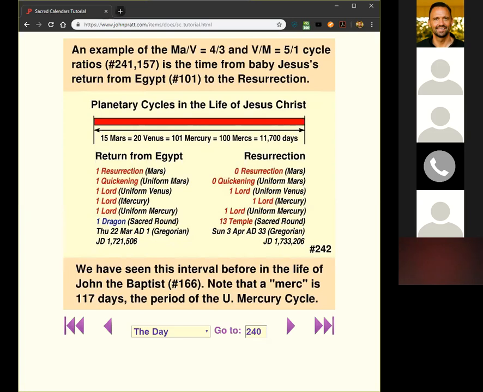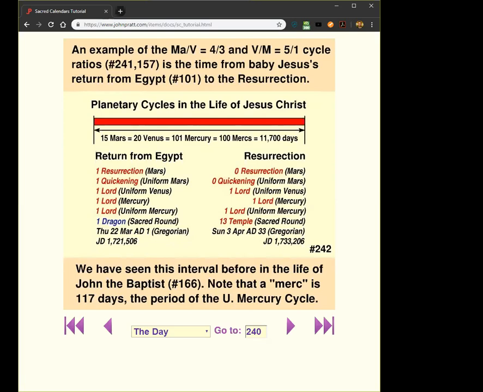Ratio 4:3 makes it 20 Venus cycles. And that's 100 Mercs. 5 times 20 is 100 Mercs, which is the uniform size. But it's also exactly 101 Mercury cycles. This is of the true cycle of the planet, which is a little shorter than a Merc. This is exactly the same period.